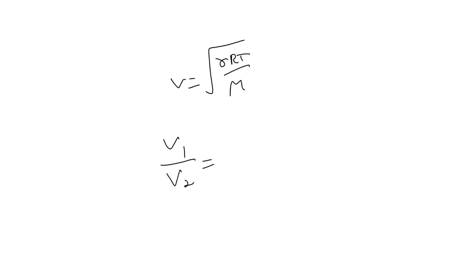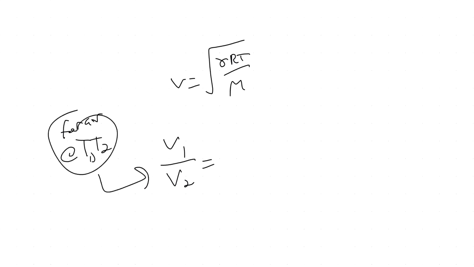And so we can go from here. Actually, one more thing I do want to do, might as well while I'm here, is, if V equals the square root of gamma RT over M, then we can compare V1 and V2, like the ratio of V1 and V2 for the same gas, so for air at temperature T1 and T2, then it's going to be the ratio of the square roots.